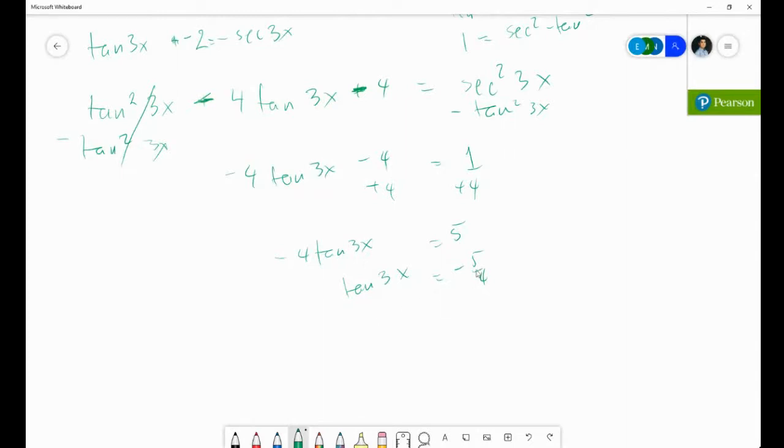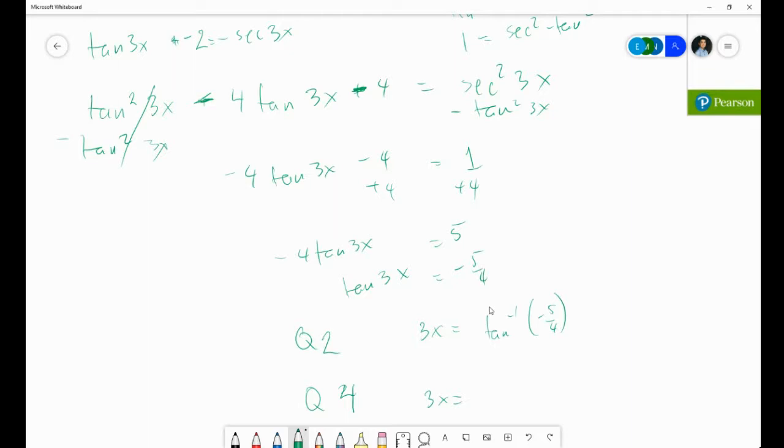But before we do that, let's determine what quadrant tangent negative is going to be in. So that's quadrant 2 and 4. So 3x is equal to tangent inverse of negative 5/4. What value is that?